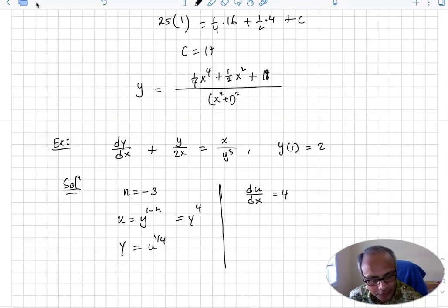So that should be 4 y to the power 3 dy dx. And we can see that y is u to the power 1/4. So we can rewrite this as 4 y to the power 3/4 dy dx.